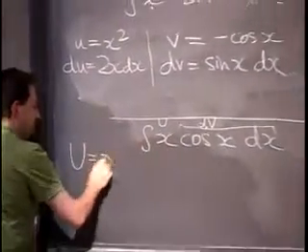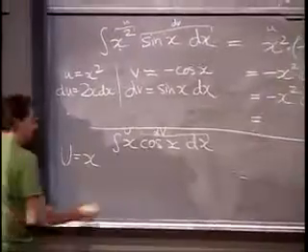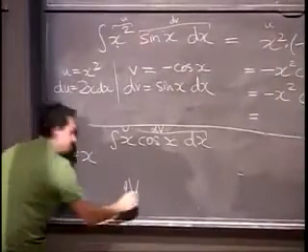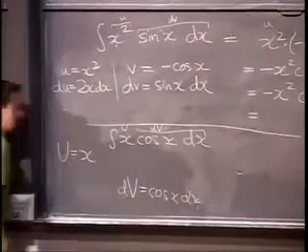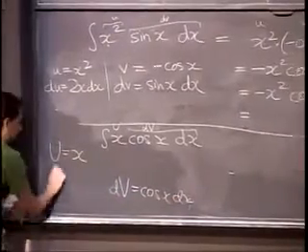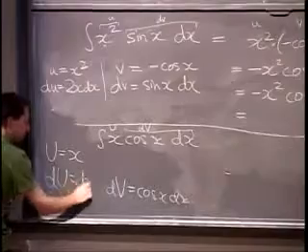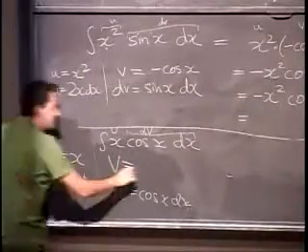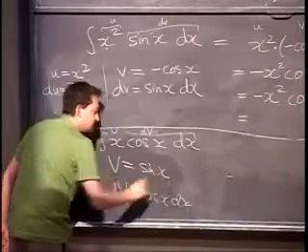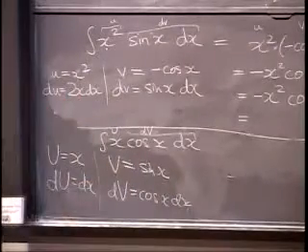So here I'm letting big U be x, and I'm letting d big V be cosine x dx. And I'm more or less going to repeat the dose. dU is just dx, and capital V is the integral of cosine x, which is now plus sine x. And I don't need the constant.